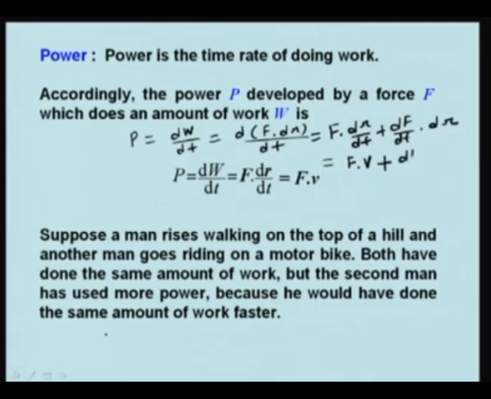However, we will get an extra term, that is dF by dt dot dr. So if F is changing with time, then dF by dt must also be evaluated and multiplied with dr.